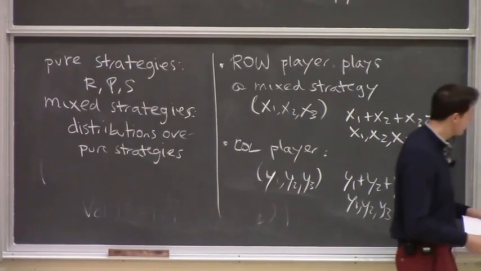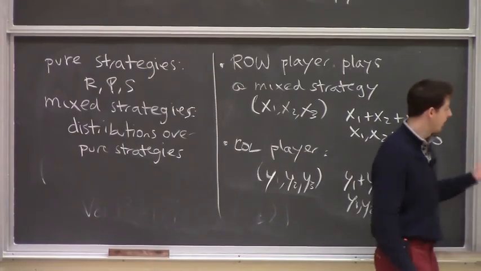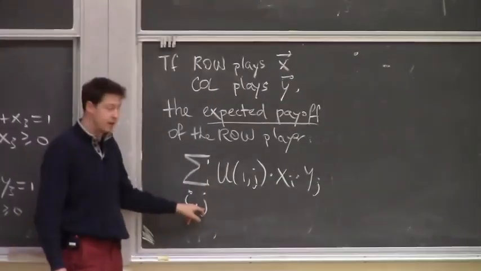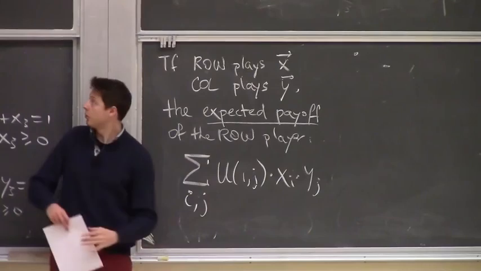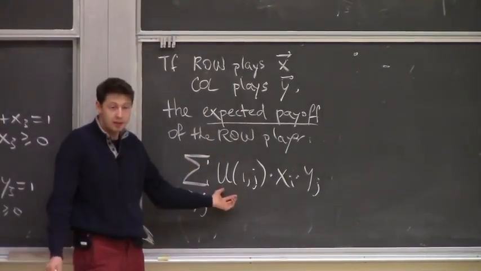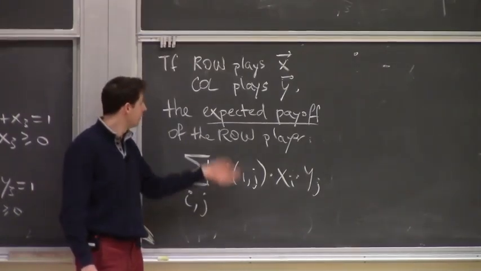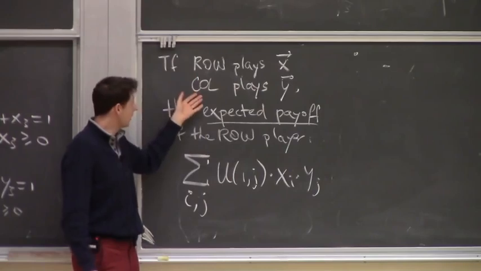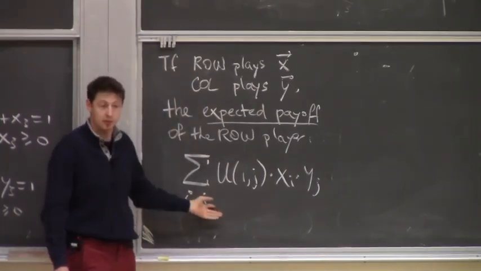So this is the weighted sum of all the possible outcomes. In this particular case, there are 3 possibilities for i and 3 possibilities for j, and there are 9 values of uij. So this tells you for any 2-player zero-sum game, if row plays X and column plays Y, this is the expected outcome. Okay?